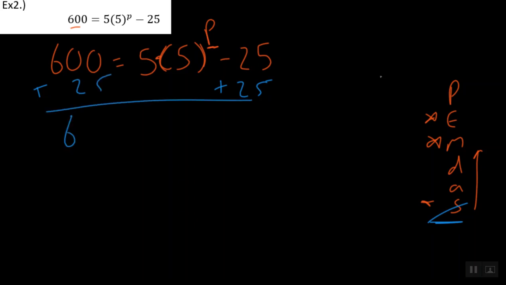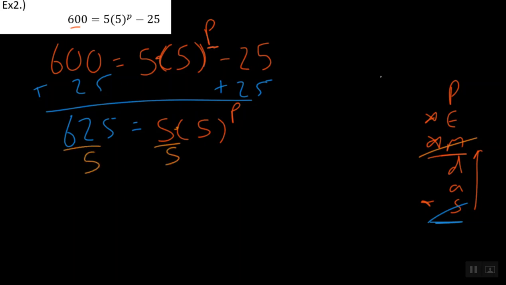Now we have 625 is equal to 5 times 5 to the power of p. How do you get rid of your multiplication? The opposite of multiplication is, of course, division, so we can divide both sides by 5. 625 divided by 5 is actually 125, which is equal to 5 to the power of p. Now remember, this is where it gets a little bit trickier.